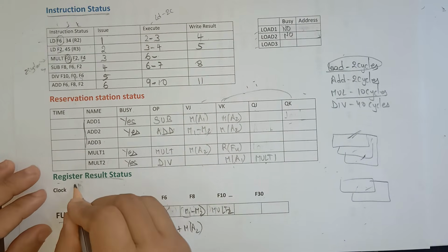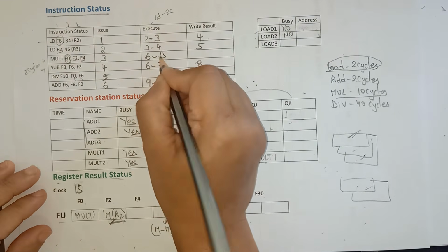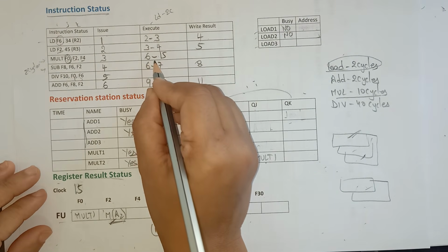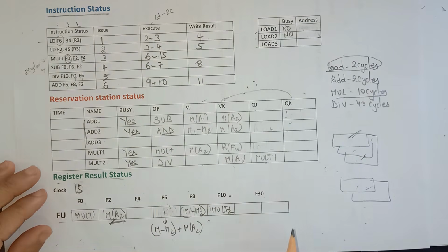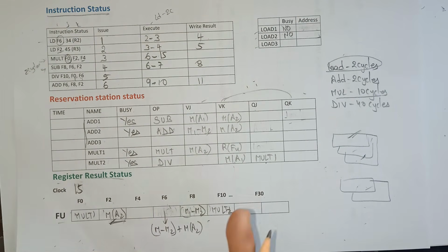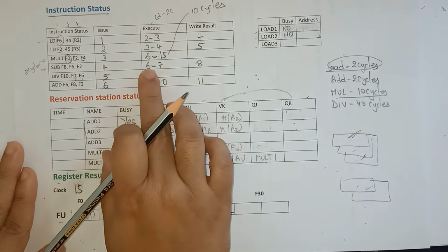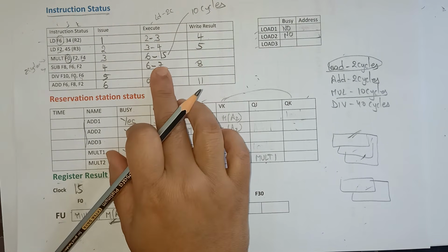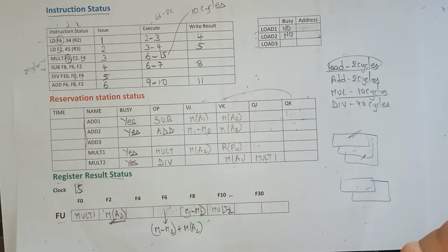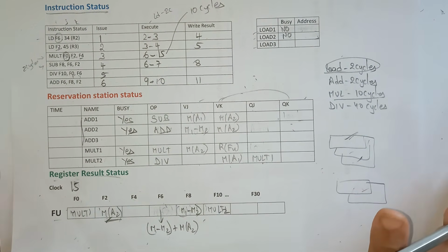Now coming to the 15th clock cycle: 6 plus 10, 7, 8, 9, 10, 11, 12, 13, 14, 15. Total 10 clock cycles. Whenever the 10 clock cycles are there, the multiplier completes its execution, but it doesn't write the values.